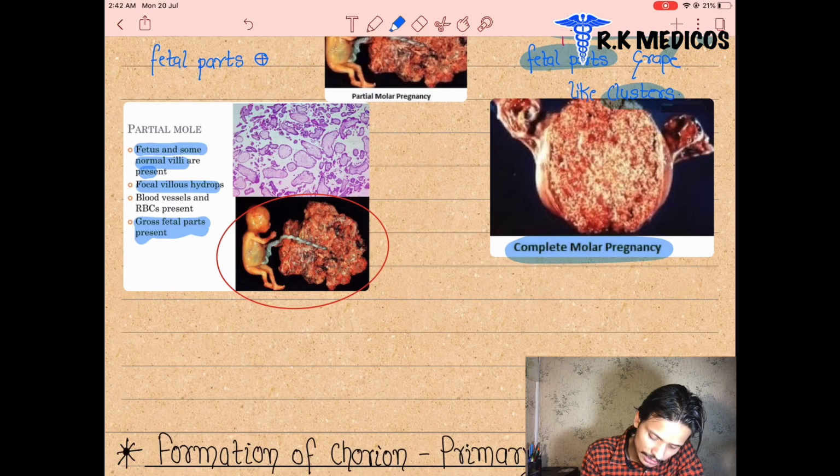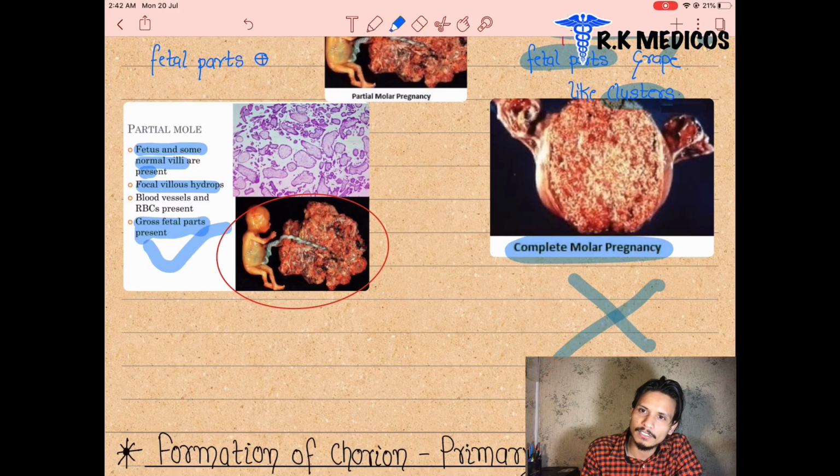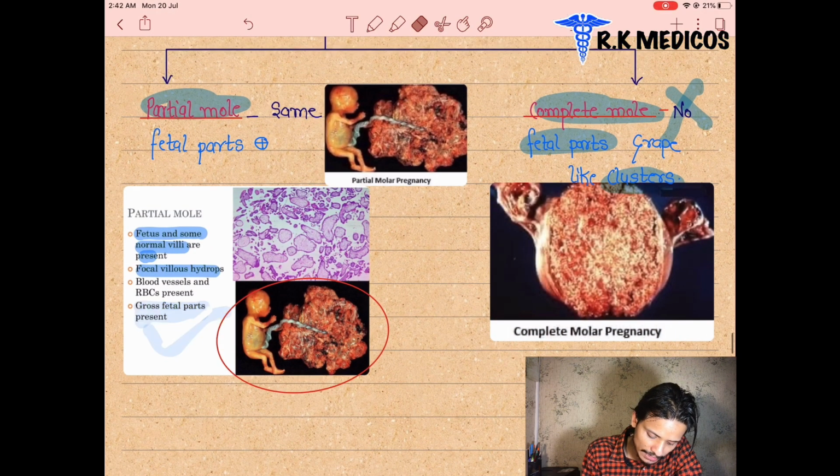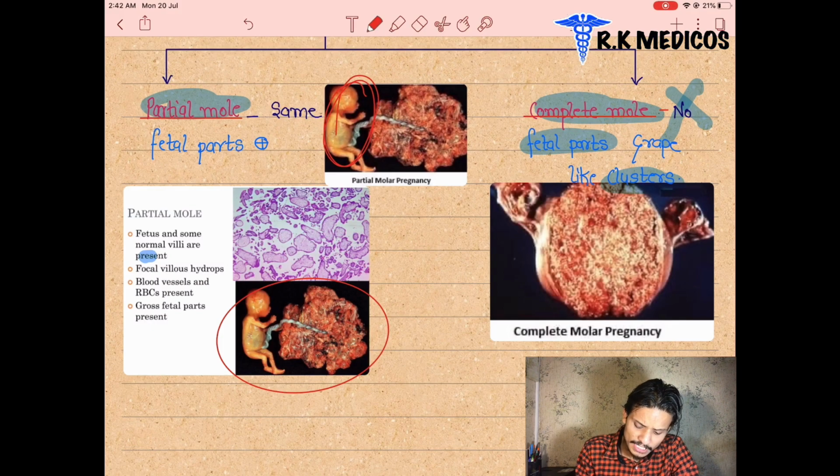But here no fetal parts are present, only placental parts. This type of pregnancy is called molar pregnancy, and in the picture you can see the partial and the complete mole. In the partial you see fetal parts, but in the complete molar pregnancy none appear.